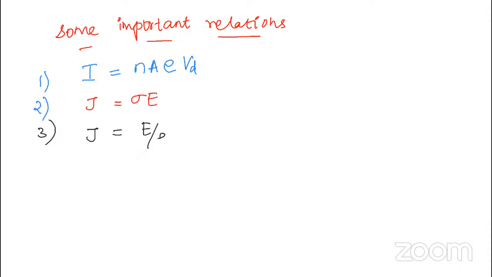So here sigma is equal to 1 by rho. Then for the fourth, J is equal to n e square tau E by m.